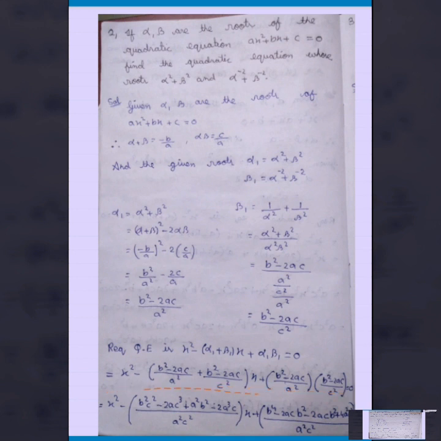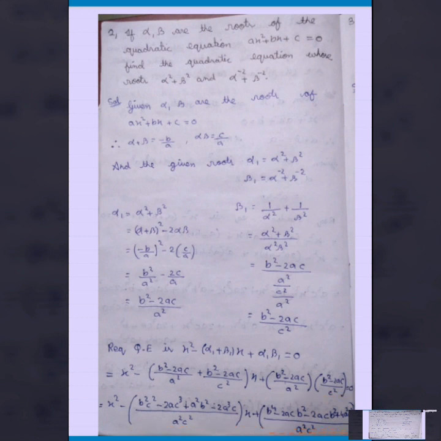So taking LCM, we get x square minus ((b square c square minus 2ac cube plus a square b square minus 2a cube c) by a square c square) into x plus, and here also the LCM is a square c square.